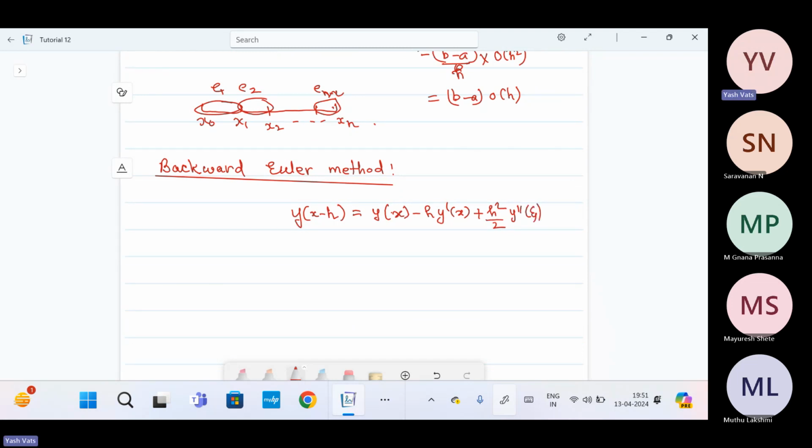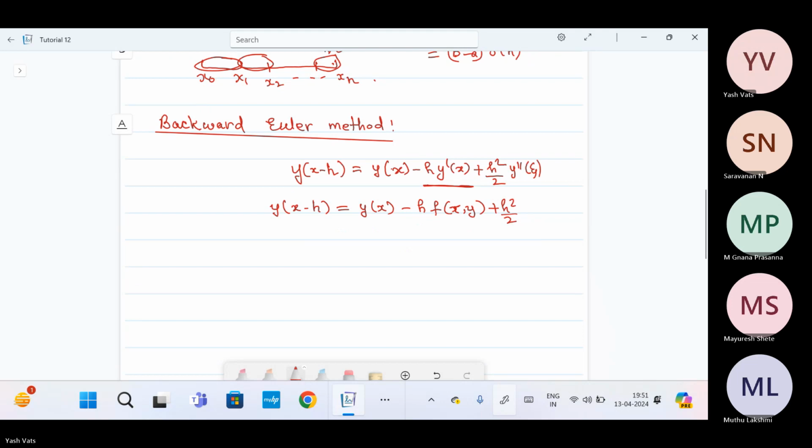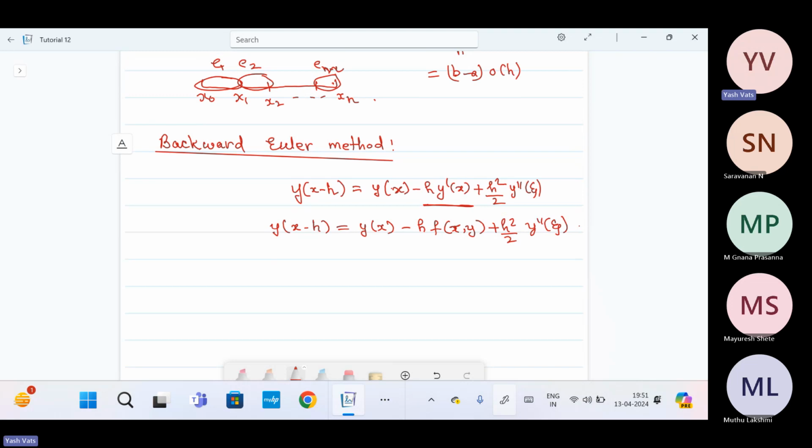Then you can again substitute y prime(x) to be f(x, y). So we are just going back in time. How do we compute in this case? What is the method?